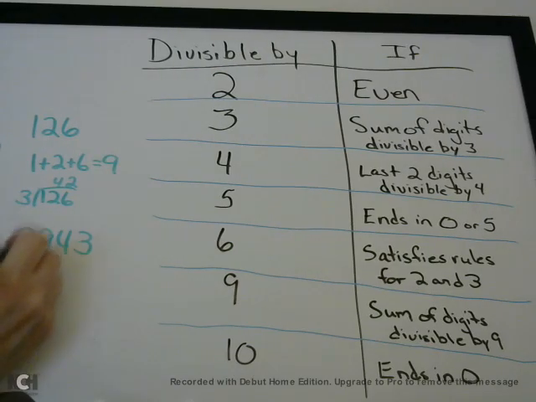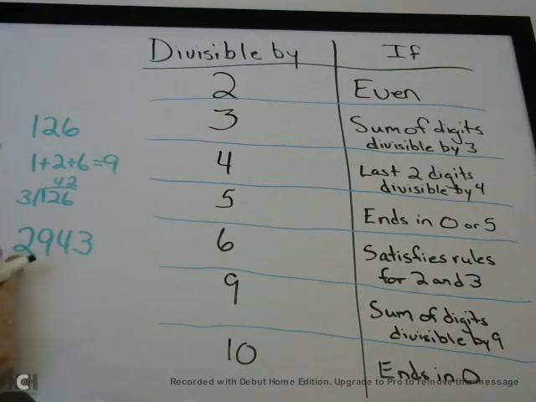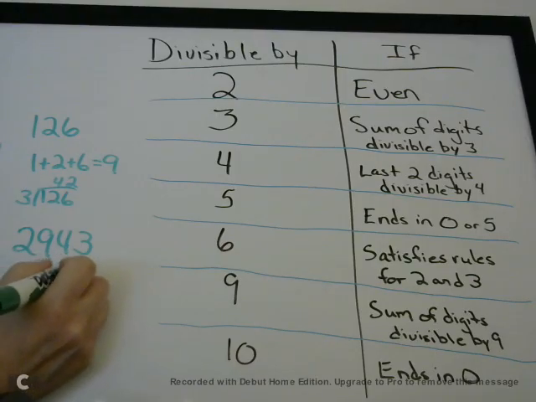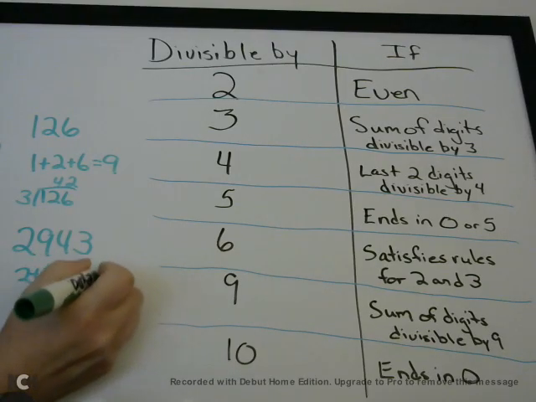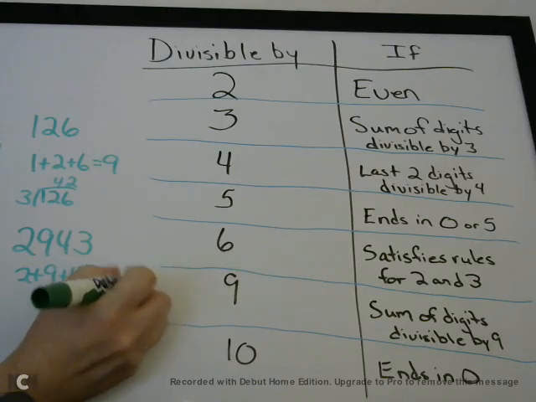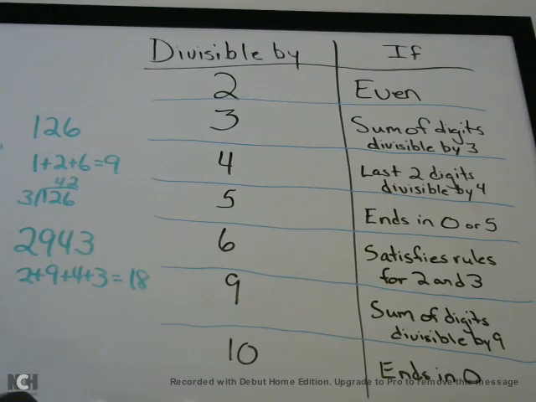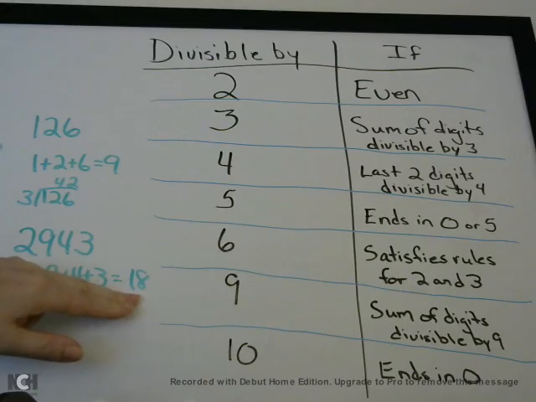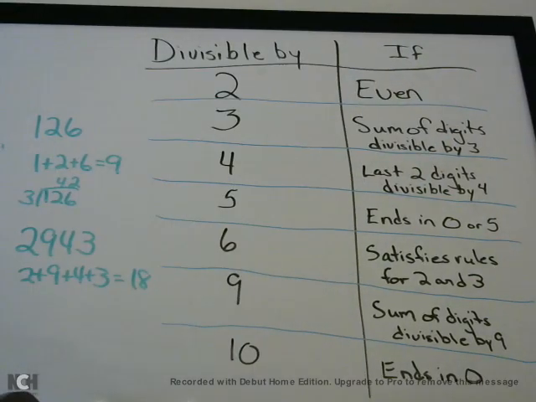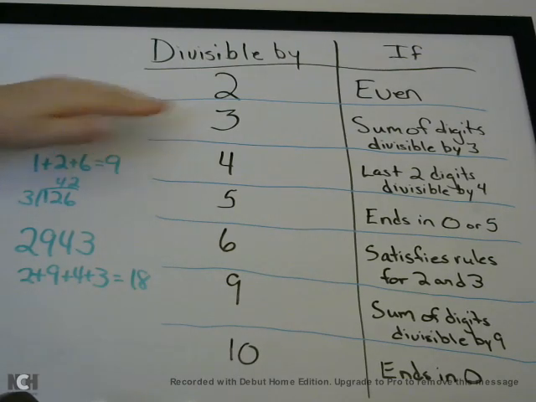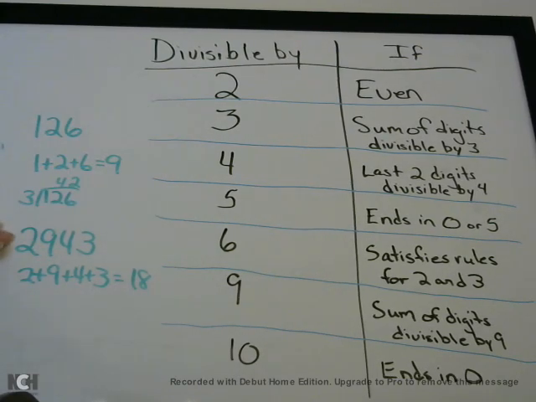Well, here again, the sum of the digits, which means add the digits up, 2 plus 9 plus 4 plus 3, and you're going to get 18. And again, you should know offhand that 18 is divisible by 3. 18 divided by 3 is 6. So we know that we can divide this larger number by 3.